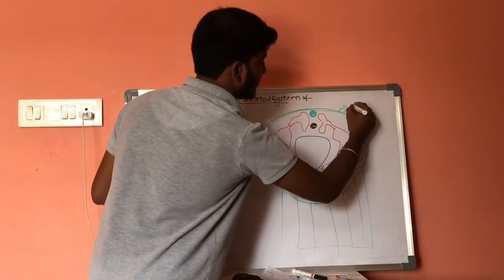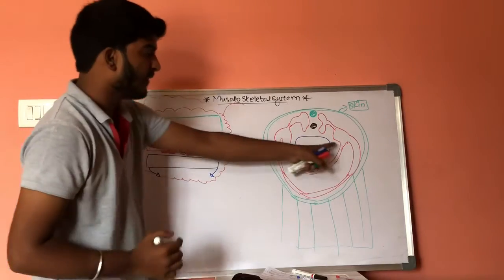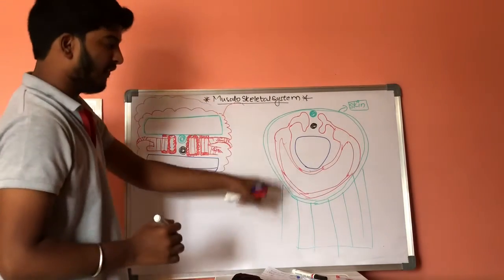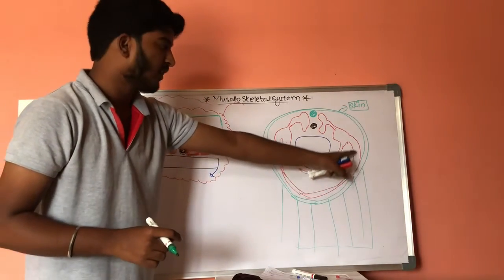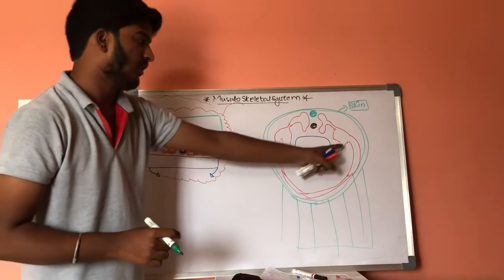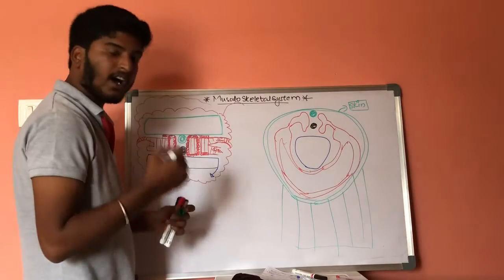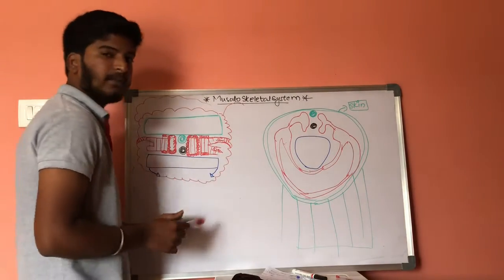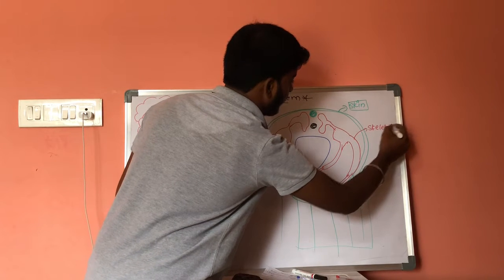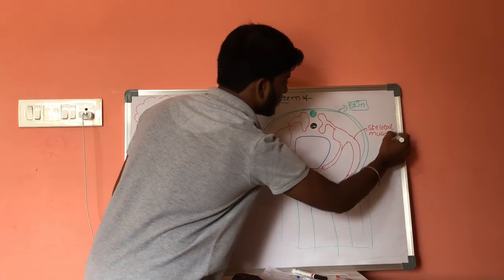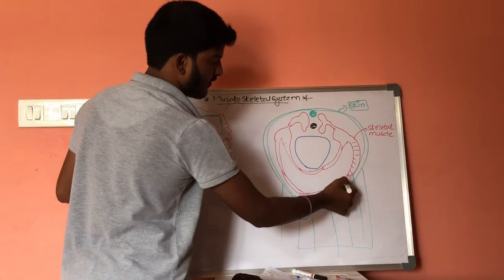The somatic mesoderm will provide the connective tissues for the skin, and the somatic mesoderm is involved in the synthesis of skeletal muscles.